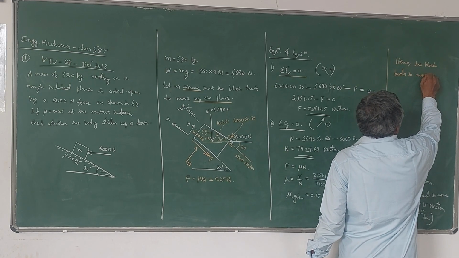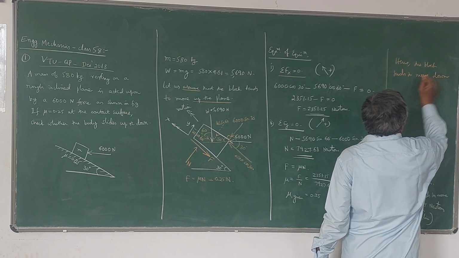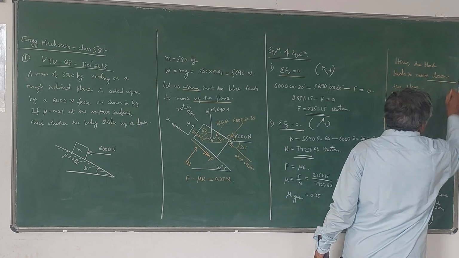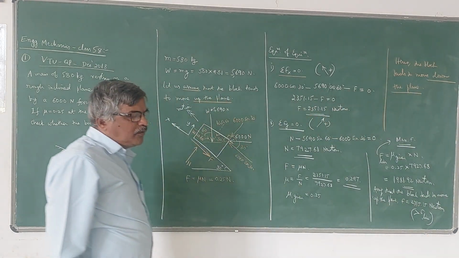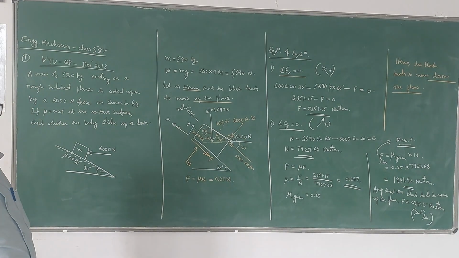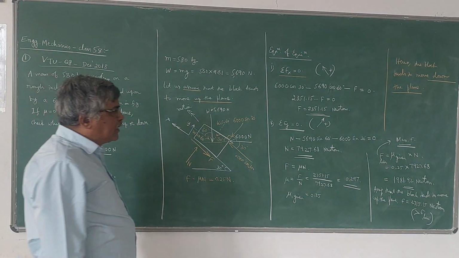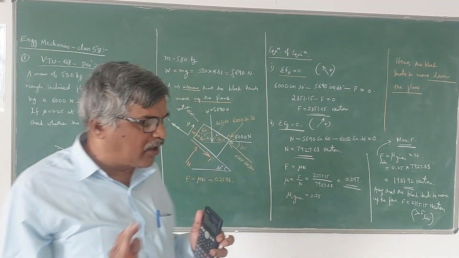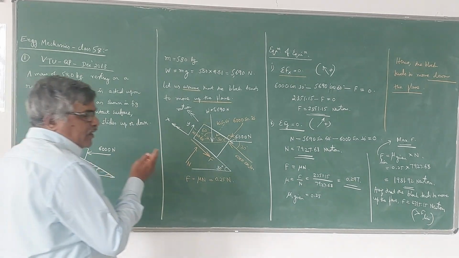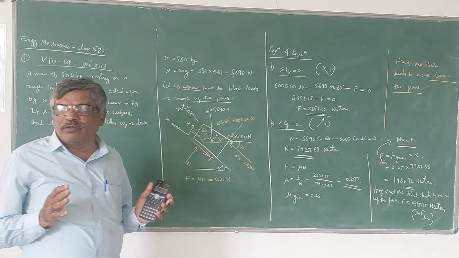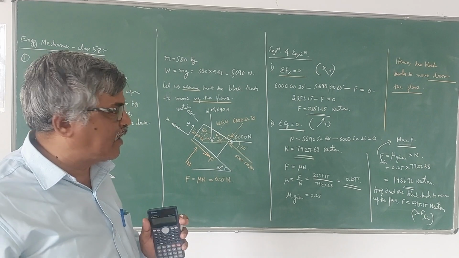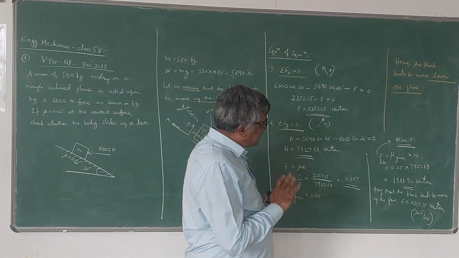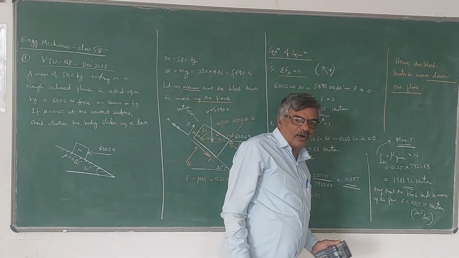This is how we have to check. So we have to calculate the F limiting value by taking mu into N. Initially we will not be knowing in what direction the block tends to move. We can assume one of the directions and then check whether the F value we got from the analysis is less than the limiting value or not.